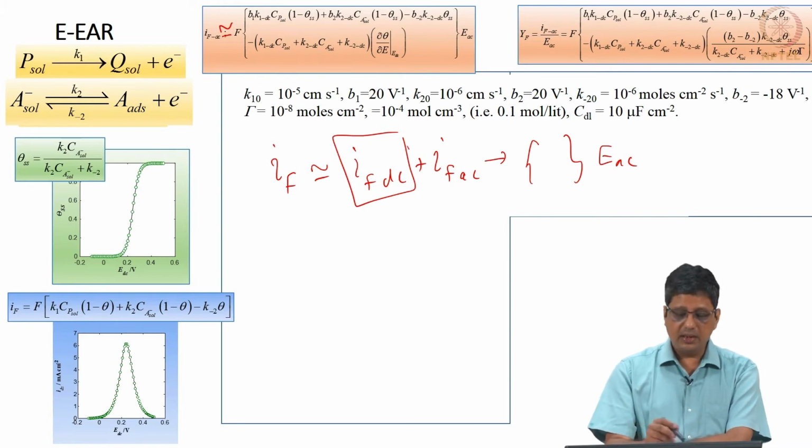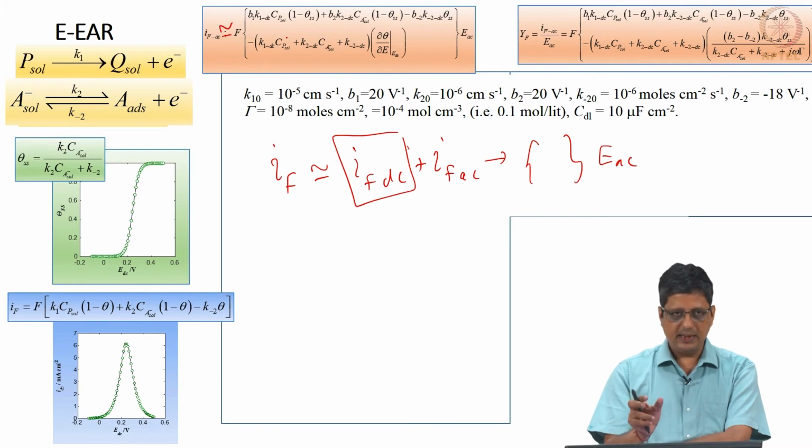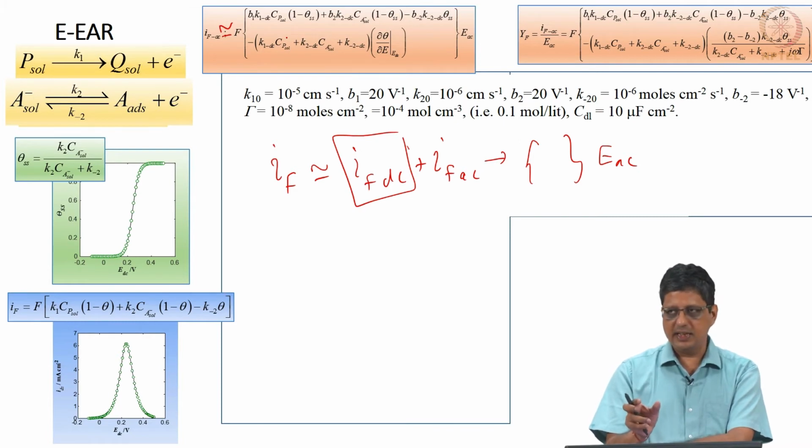So, within that bracket you see an expression for d theta by dE, and in order to calculate it we had to use the mass balance equation and get that expression. Again, this just needs us to expand k values k1, k2, k minus 2 in Taylor series and truncate it after the first EAC.